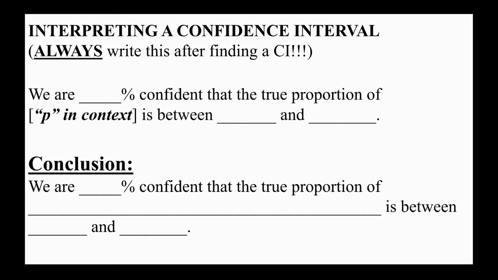Okay. So we start out by saying we are blank percent confident. For this one, it's 95% confident. We're 95% confident. That's pretty confident. If you're 95% confident about anything, you're pretty confident, right? That the true proportion of, what do you think we're going to put in here?